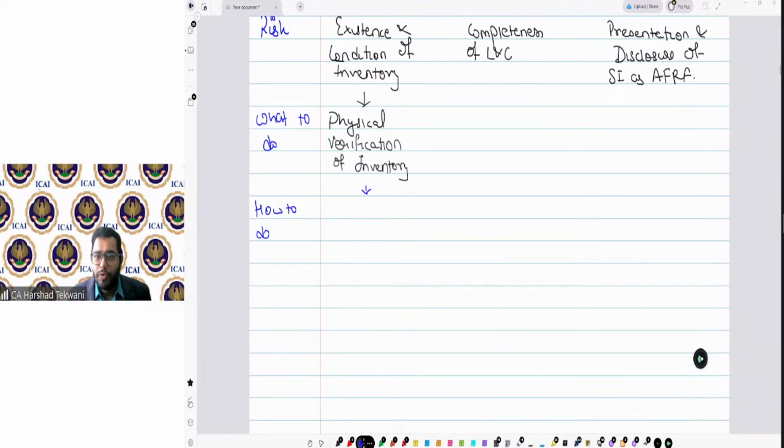What are the things you need to take care of while doing a physical verification of inventory? How will you start your physical verification of inventory? From start to end, if anyone can, just summarize the process quickly, in a few words, start to end of physical verification of inventory.